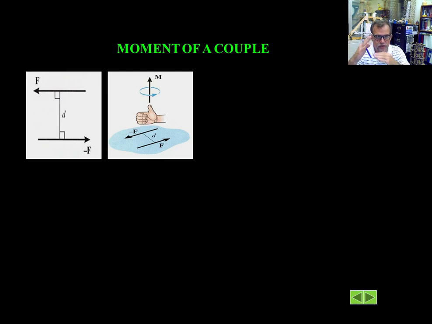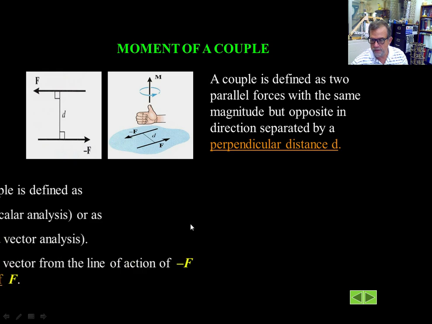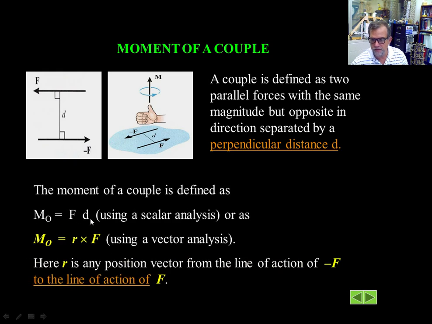Parallel forces, not slanted forces, and opposite to each other, same magnitude and opposite to each other, exactly what you have there. Why is that? Because if we do that, the result of those two forces multiplied by that distance is going to be F times D.